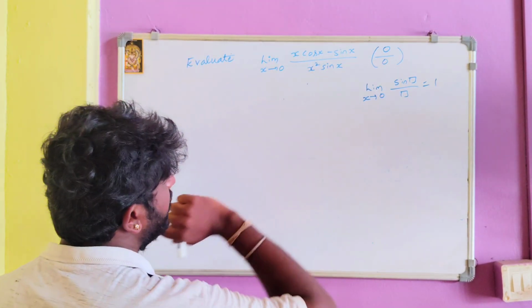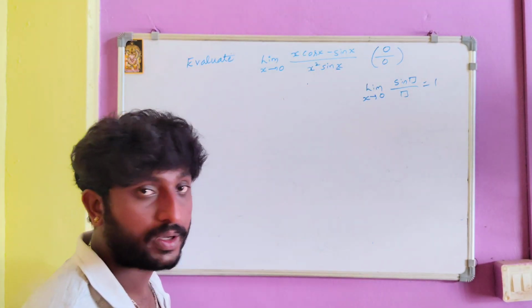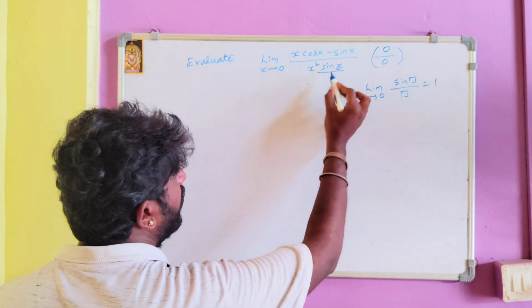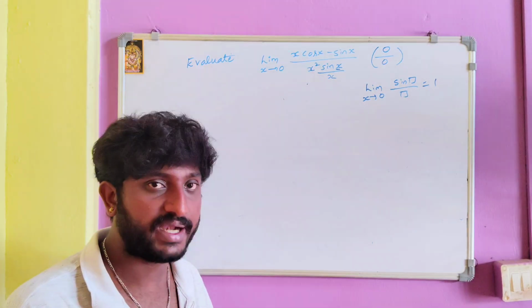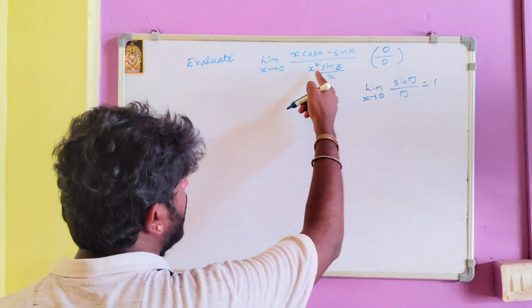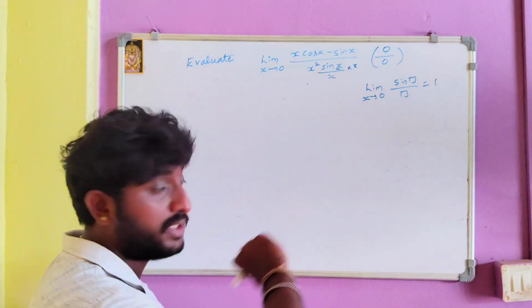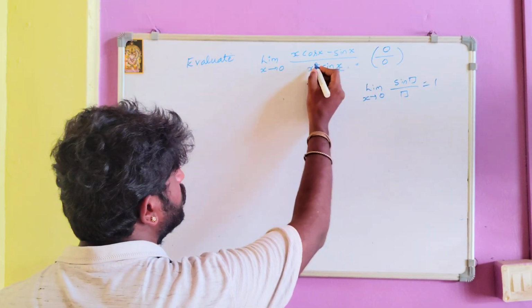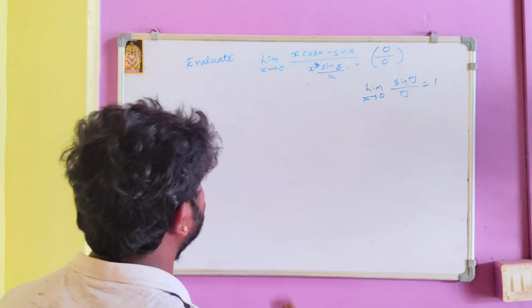If I rewrite like this, here x is there. If I divide the denominator by x, and multiply one more x in the numerator, this becomes x cube.